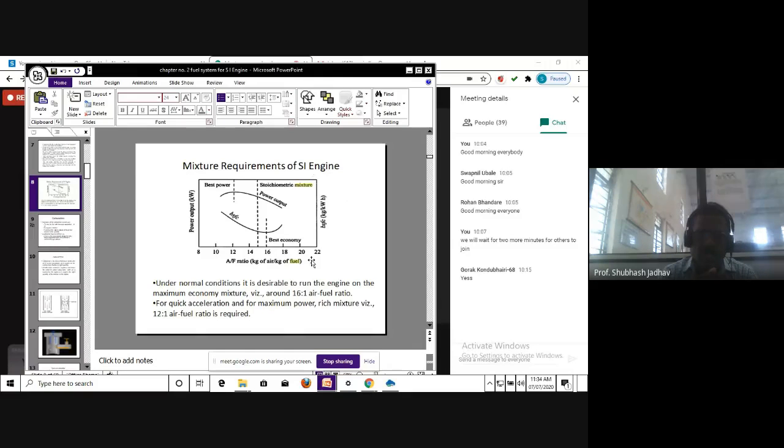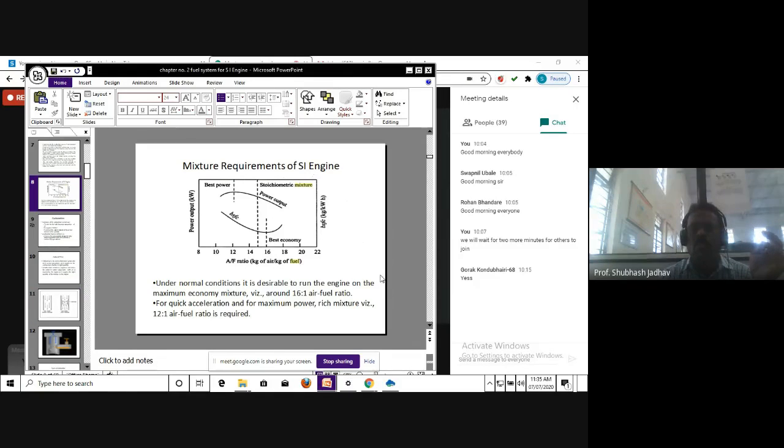The device you are going to use for preparation of this mixture is what you call a carburetor, correct? And this carburetor should be able to comply with this requirement. So that is about the mixture requirement of the engine.